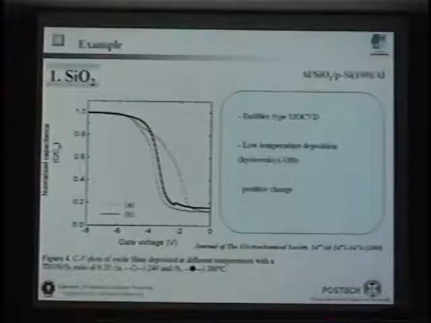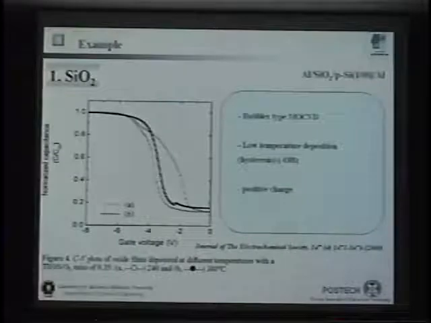That is mainly due to impurities in the film, mainly OH, the silanol group, from water vapor remaining in the film, because if you deposit at low temperature, sometimes the water is not completely removed.